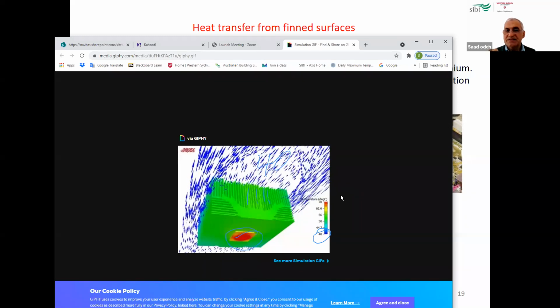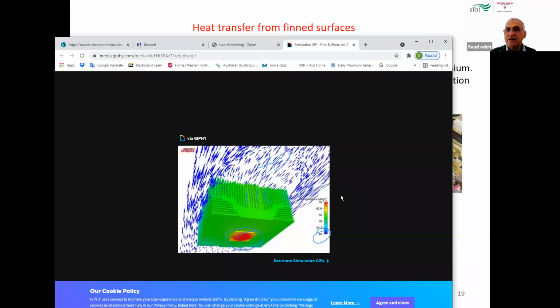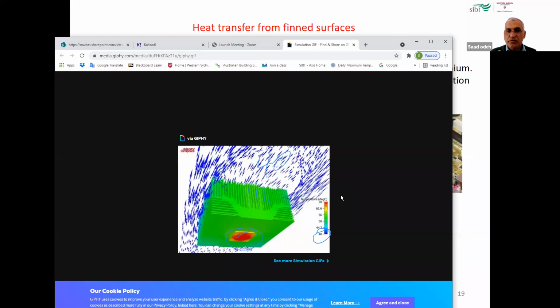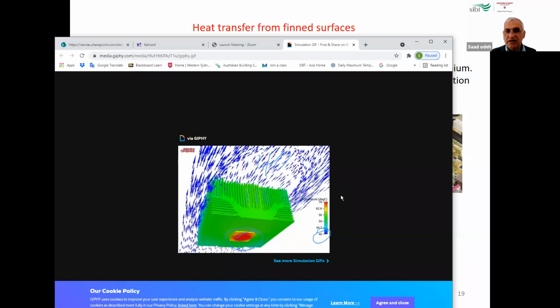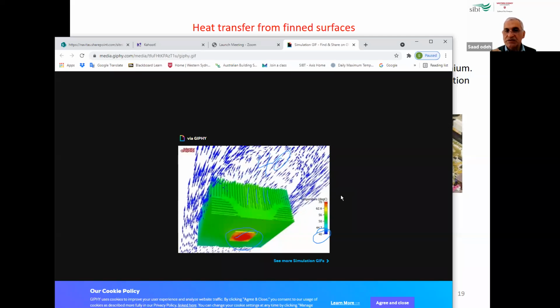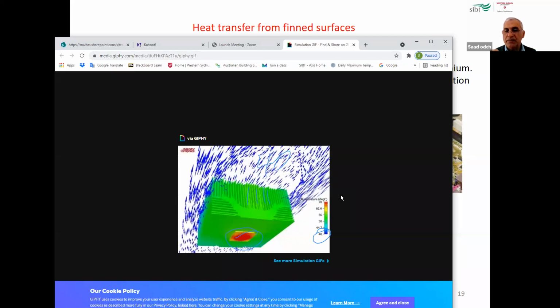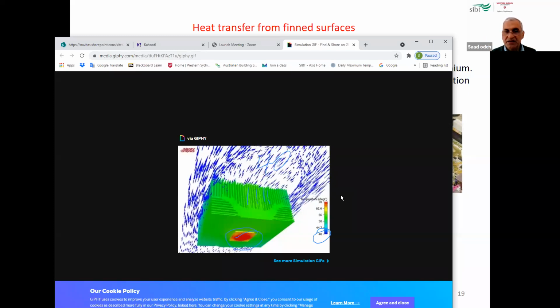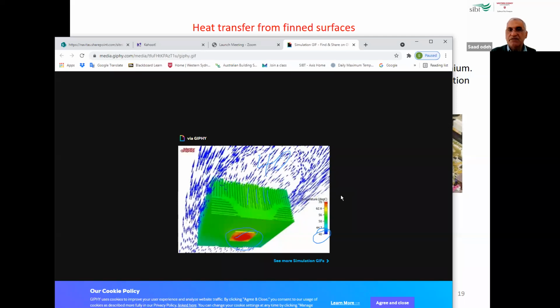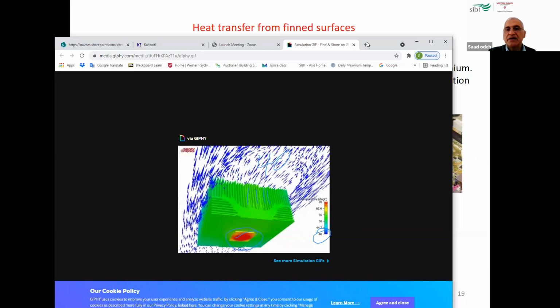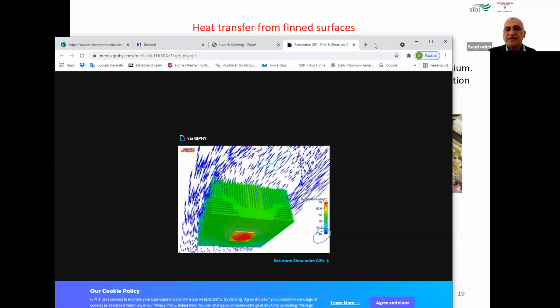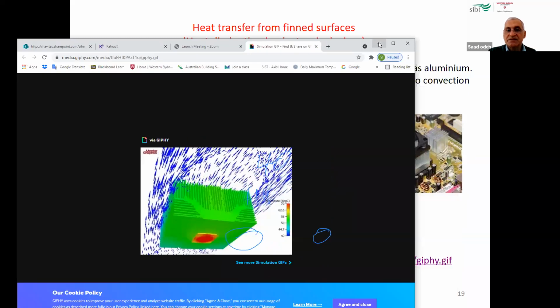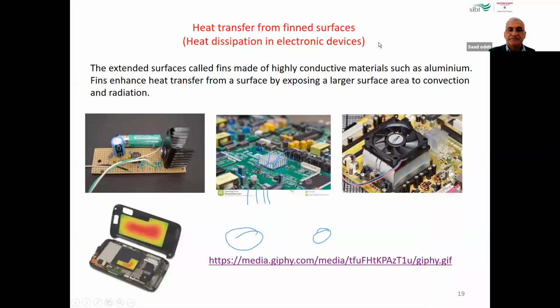If it's more than this, it will probably fail. Without this cooling, the temperature will rise above the limit and cause failure in the system. So this just gives you a simulation, an example of the fins. Okay, any question?